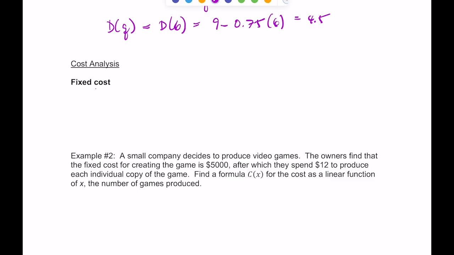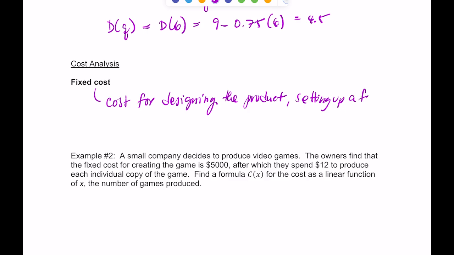So we will see this term fixed cost, which, if we were to define it, is just the cost for designing the product, setting up a factory, training workers, etc. So anything that basically adds cost to your business.